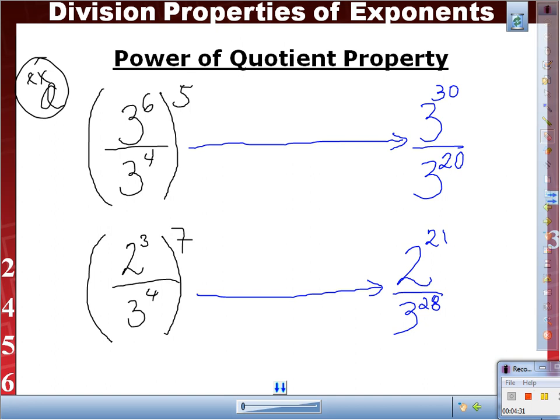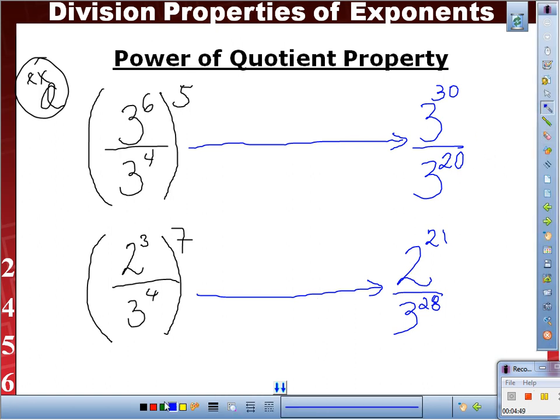All right, so just to clarify, did it matter if they had the same base to use the power of quotients property to get to here? No. So therefore, look up before you copy. At this point, can I simplify this? Yes, using which property?